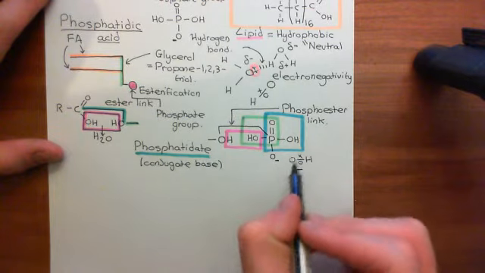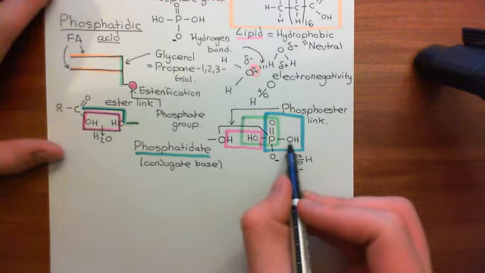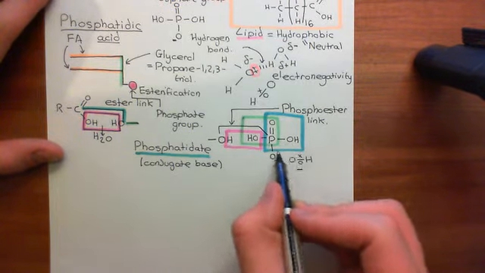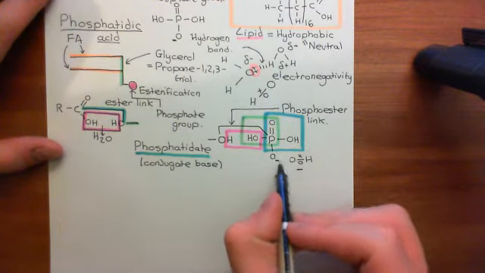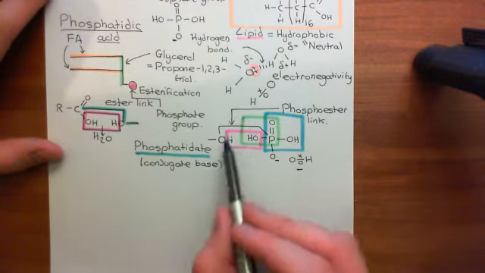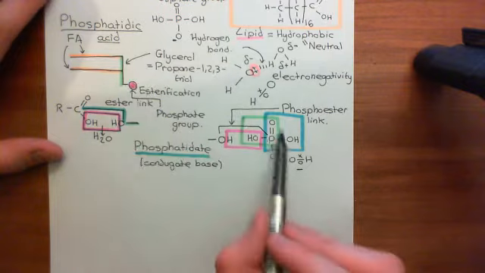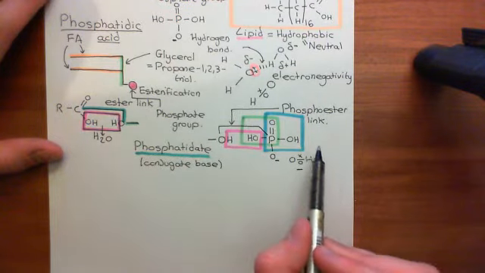Instead, it's actually a base because these two negatively charged oxygens, which are now effectively equivalent, both of them could accept protons out of solution. Protons could come and bind to them, and the definition of a base is a molecule which can accept protons out of solution, okay, so phosphatidate is phosphatidic acid once it has donated its proton away into solution, and it is now a base.